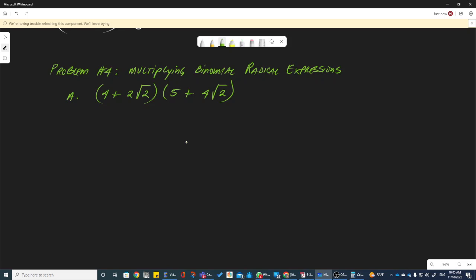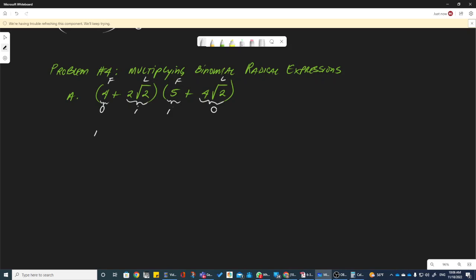Okay, so now this is multiplication and these are binomials. Okay, this is one term, this is another term, and that's one term, and this is another term. So for this you gotta use the FOIL method. This is the first, this is the last, this is the outer, and this is the inner.